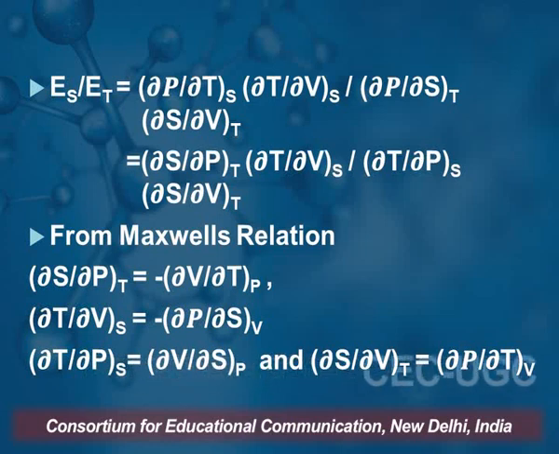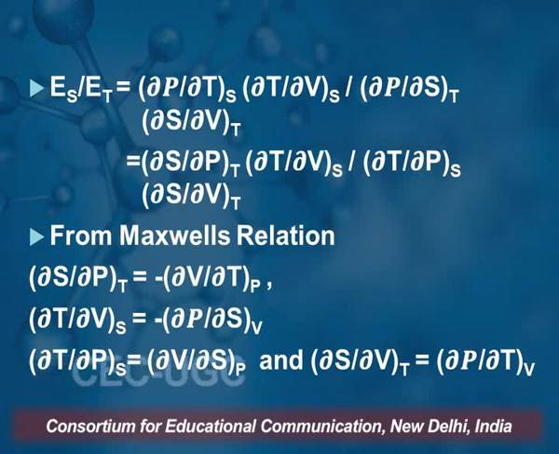The numerator shown on the previous slide can be written as delta P by delta T at constant S into delta T by delta V at constant S. So I have split the term into two terms. The denominator similarly can be written as delta P by delta S at constant T into delta S by delta V at constant T.